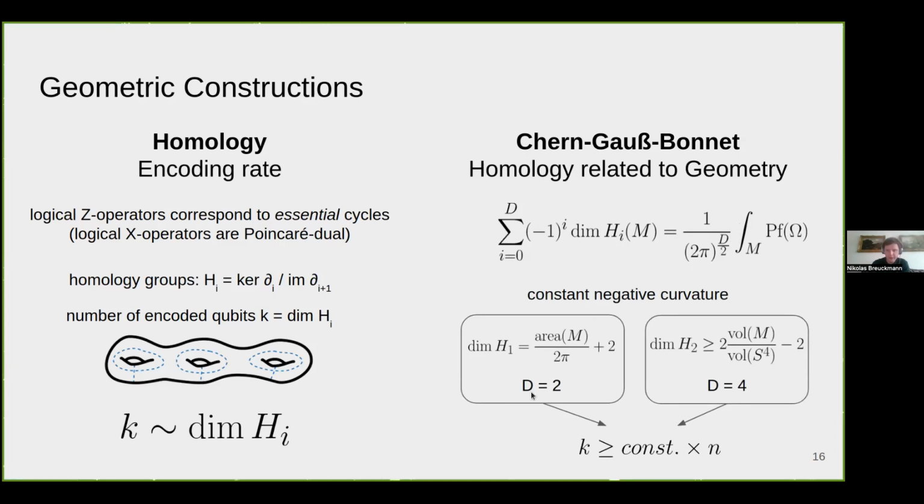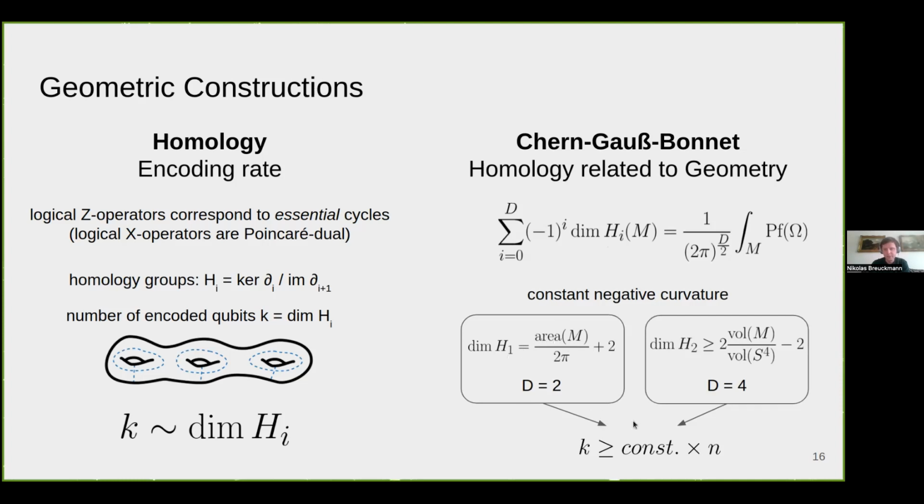And let's say we consider 2 dimensions or 4 dimensions, then we can actually solve for the respective homology groups, the first or the second homology group. And we obtain a lower bound, well, in this case an equality, in terms of the area of the manifold, which as we have already seen gives us the number of physical qubits that we have.